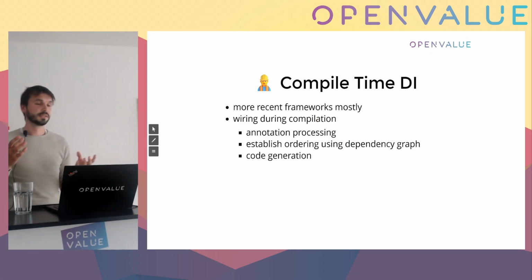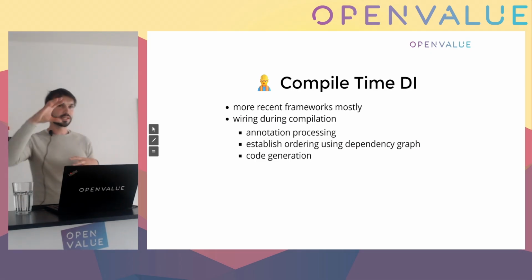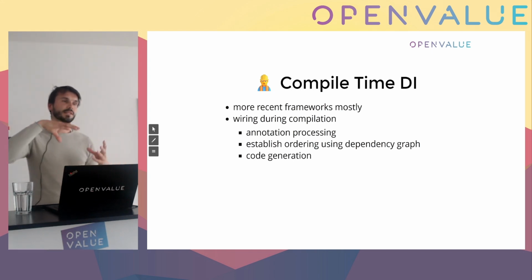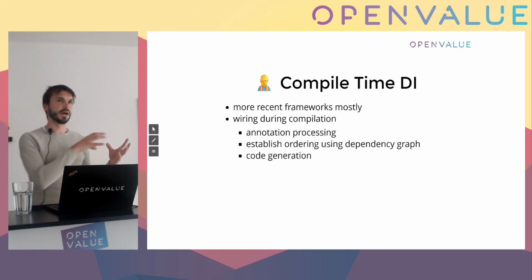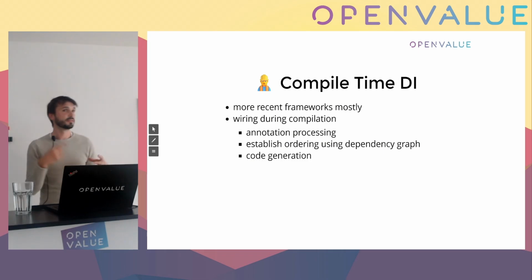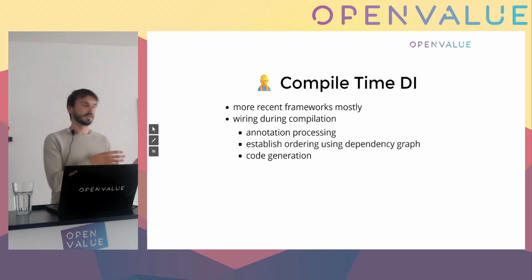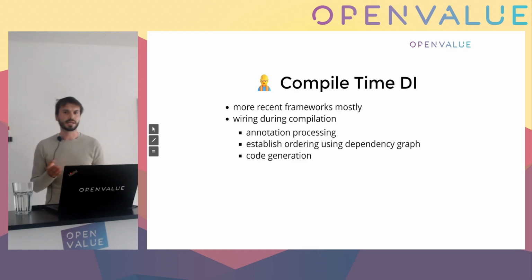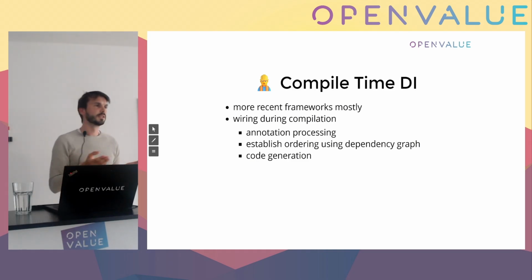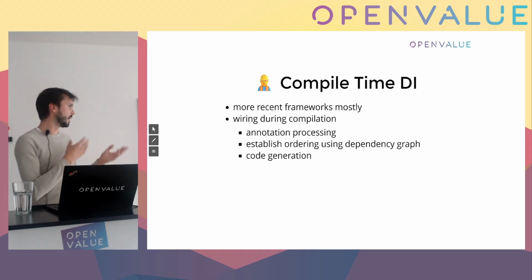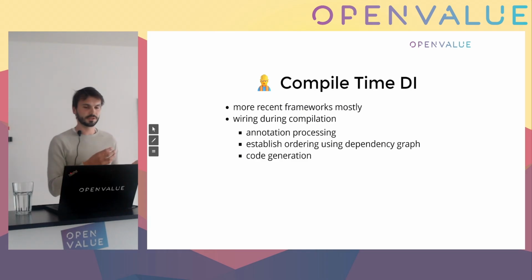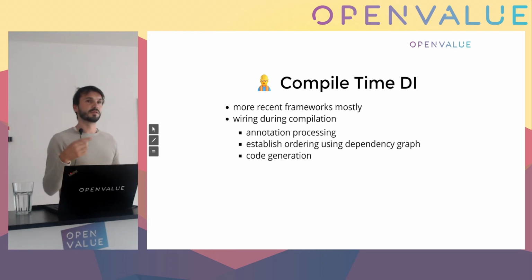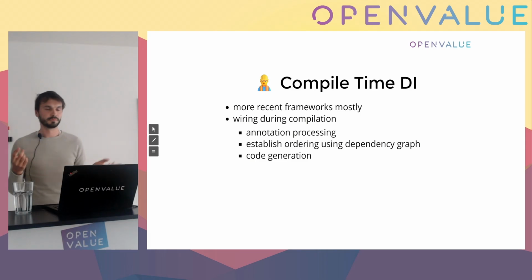When they're scanned, a dependency graph is built, and this graph is used to establish the ordering in which they have to be built. Then they generate code, and since it's code generation, you can usually look into it. I think Dagger uses a lot of factories, and other libraries have different strategies. But the code is just generated and then compiled along with all your other code.